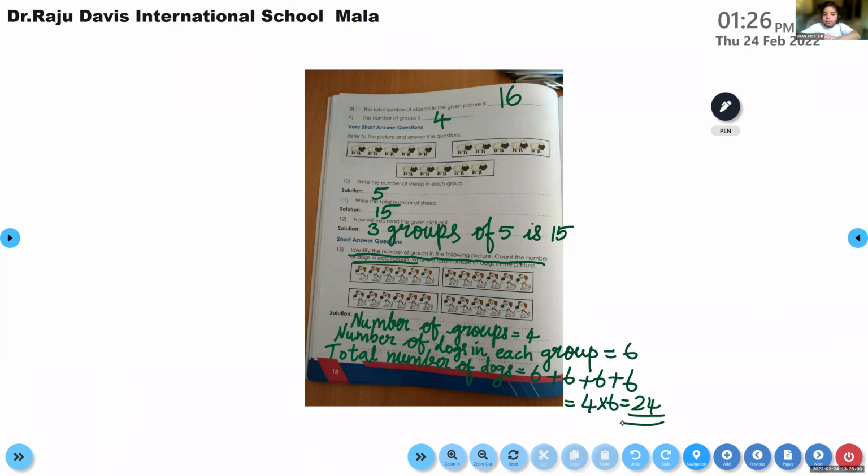That is equal to 24. Ma'am, we have to write 6 plus 6 plus 6? You can write. In the beginning, we can write like that. After some time, the multiplication will come automatically. So this time you can write 6 plus 6 plus 6 plus 6, that only is 4 into 6.